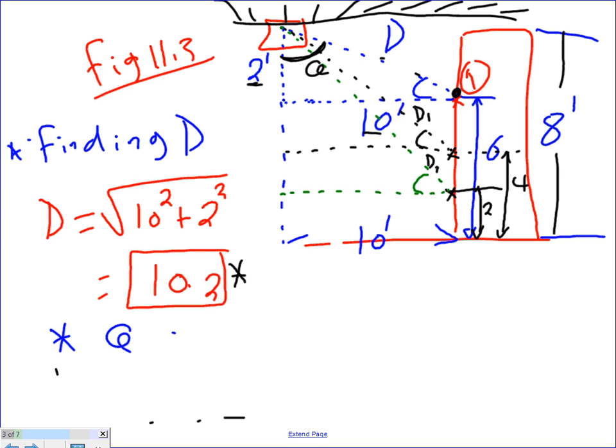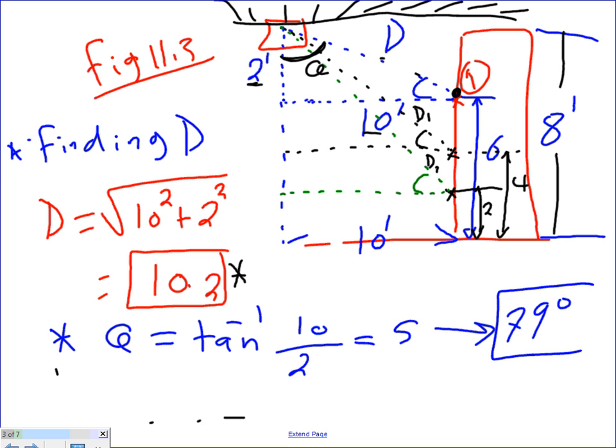So Q equals inverse tan, right? Opposite over the adjacent is the tan. 10 over 2 equals 5. So what's the inverse tan of 5? Where's my calculator? Can you guys get me the inverse tan of 5? 78.7, so 79 degrees.